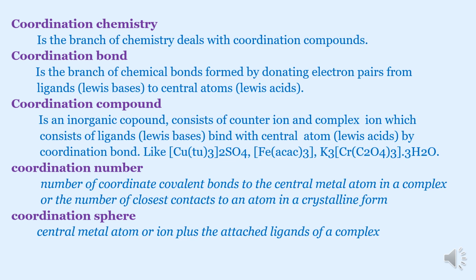Coordination number is the number of coordinate covalent bonds to the central metal atom in the complex, or the number of closest contacts to an atom in the crystalline form. The number of attachment points between the donor atom in the ligand and the central metal atom is called the coordination number.